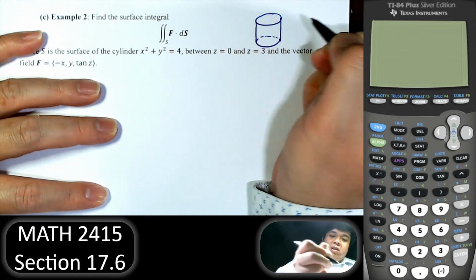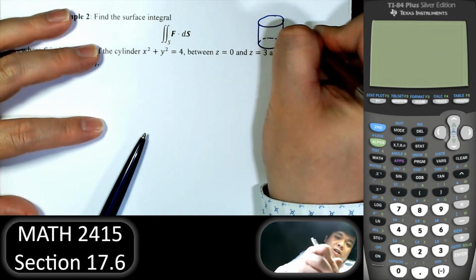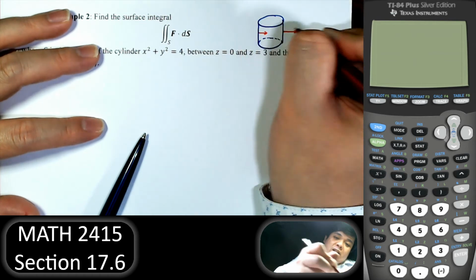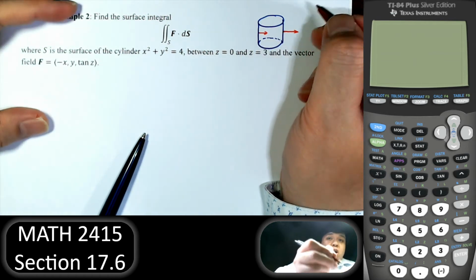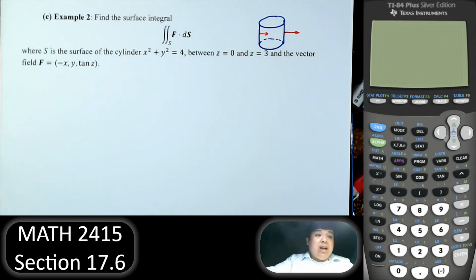If it is a cylinder, the normal vector may be pointing outside or maybe pointing inside. But in this case, it's not specified. Let's assume the normal vector points outside. By default, usually the normal vector points outside.